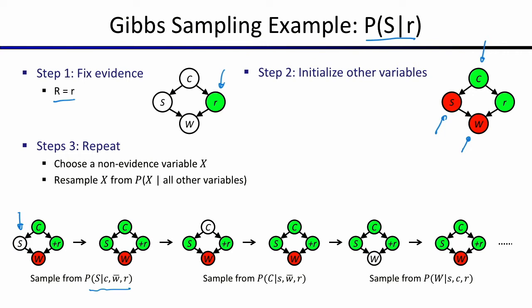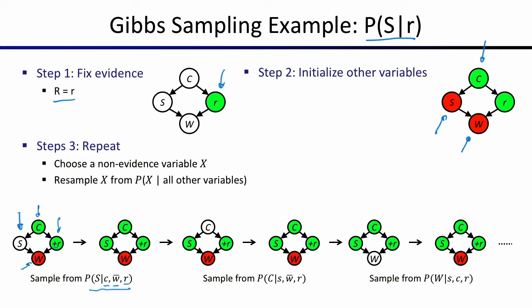So the probability of S given the values of C true expressed here, W false expressed here, and R true expressed here. So just ignore this plus sign here. It is meaningless for our example here.